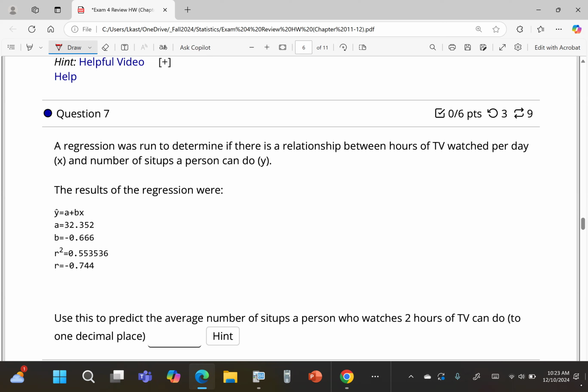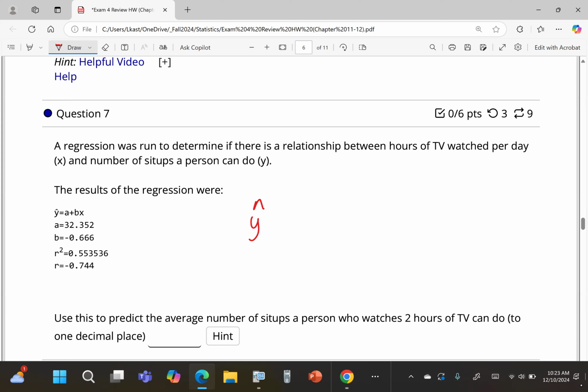A is 32.352. B is negative 0.666. Ooh, that's kind of eerie. And then they give you the coefficient of determination and the correlation coefficient. Use this to predict the average number of sit-ups a person who watches 2 hours of TV can do to 1 decimal place.